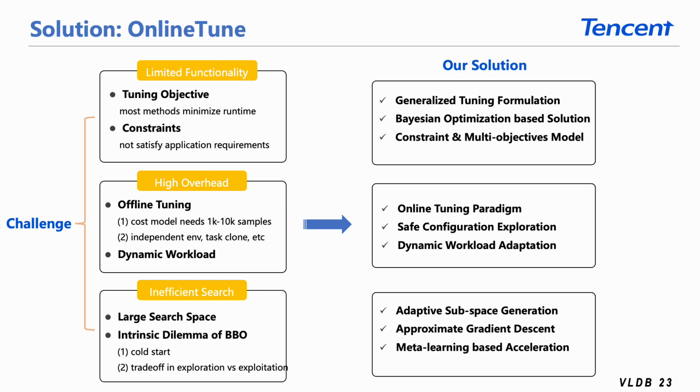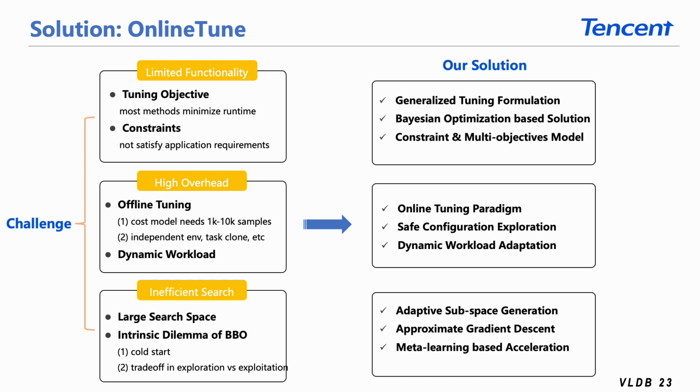Besides, we design a safe configuration exploration method when suggesting new configurations. To support the dynamic workload, we design a mixed kernel-based method. As for the inefficient search issue, we also developed 3 innovative techniques within Bayesian optimization to accelerate the tuning process.